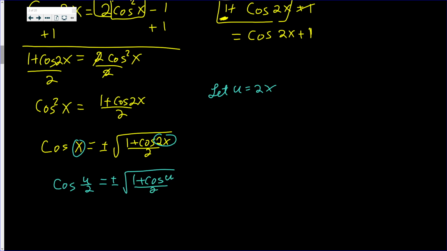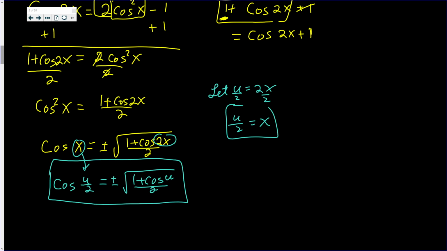And if 2x is u, dividing both sides by 2, I get that u over 2 is x. And instead of x, I put u over 2. This is the half angle formula. Okay, we'll talk about what that means in a little bit, how you use it.